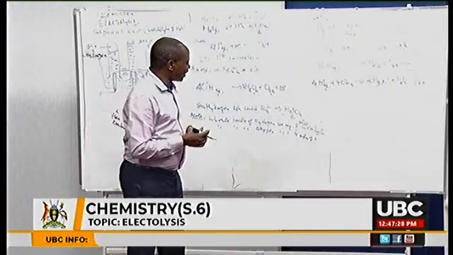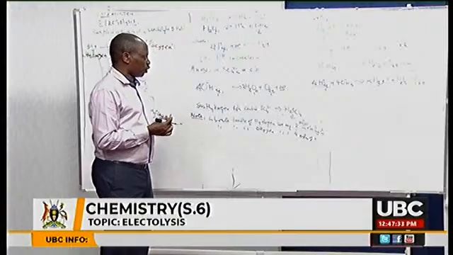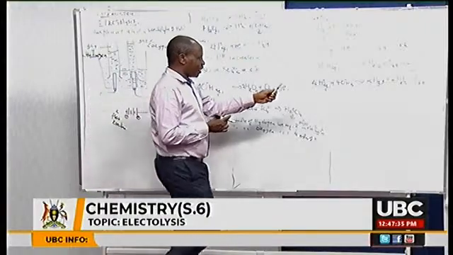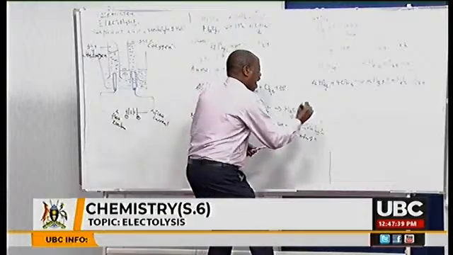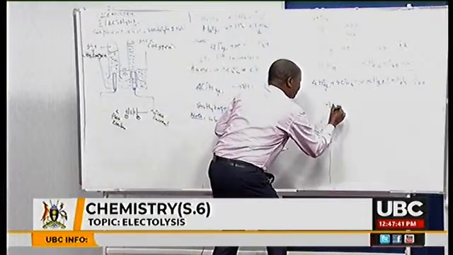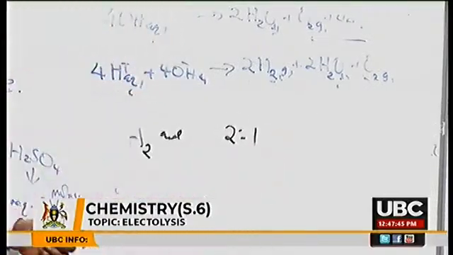All of you, your answers seem to be correct, but maybe I can make a conclusion. When you electrolyze sulfuric acid, the hydrogen and oxygen produced are in the ratio of 2 to 1.